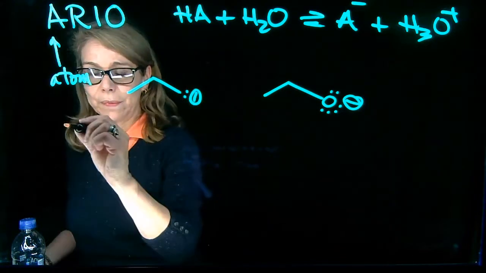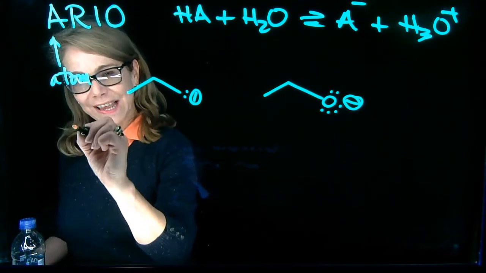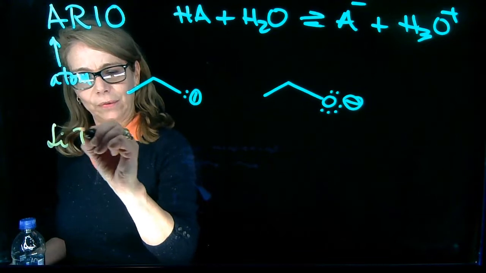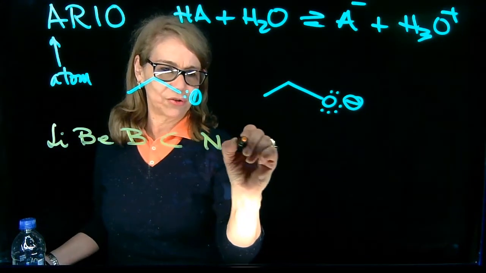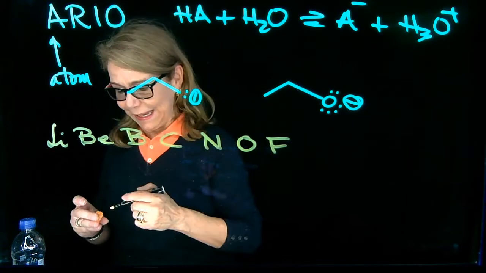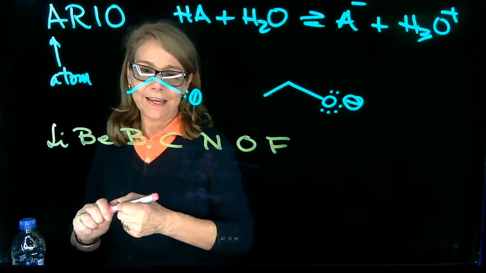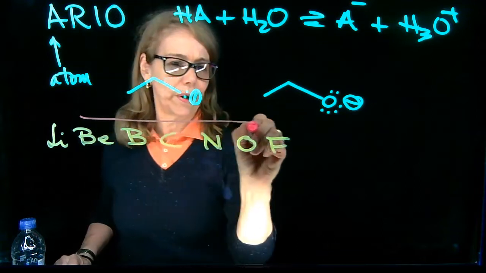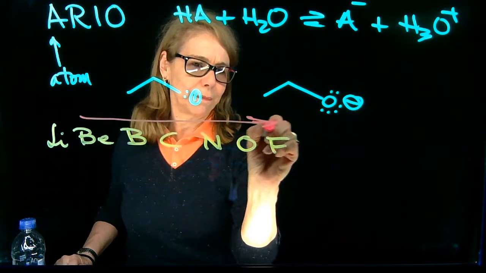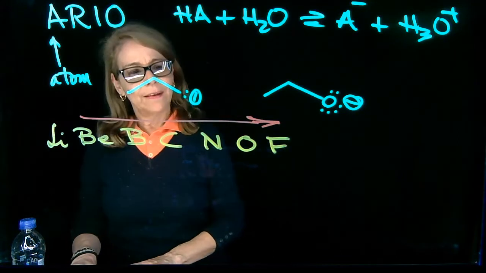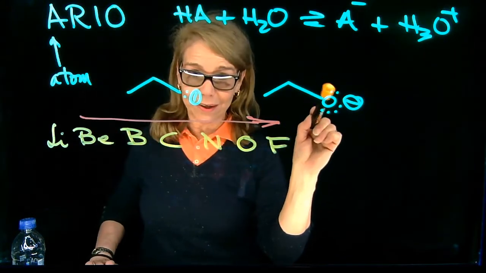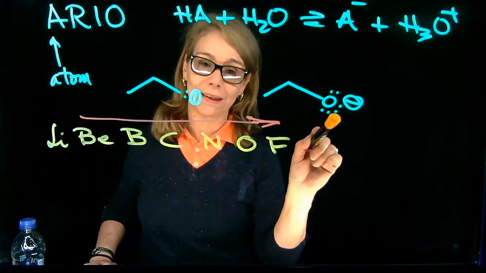If you guys remember the periodic table, second row is lithium, beryllium, boron, carbon, nitrogen, oxygen, fluorine, and electronegativity increases this way. Being fluorine, the most electronegative in all the series. That means negative charge is better, is more stable on the more electronegative atoms.